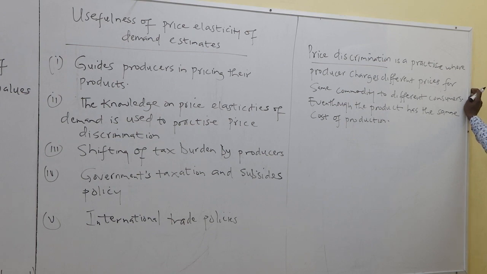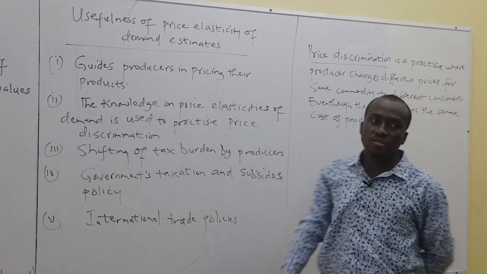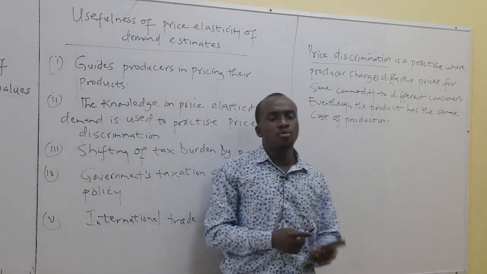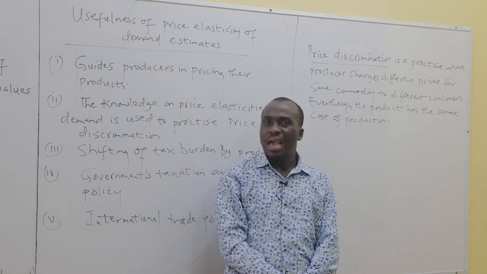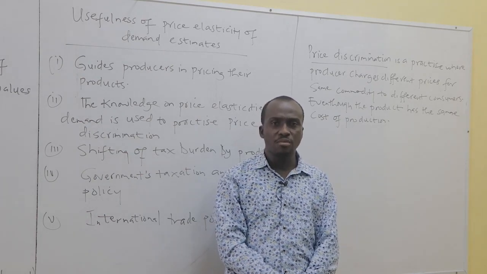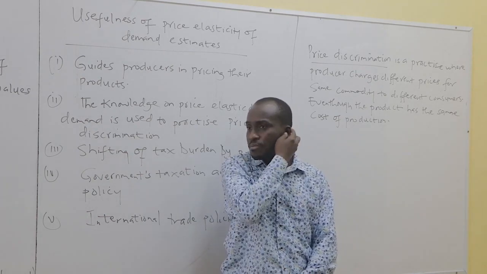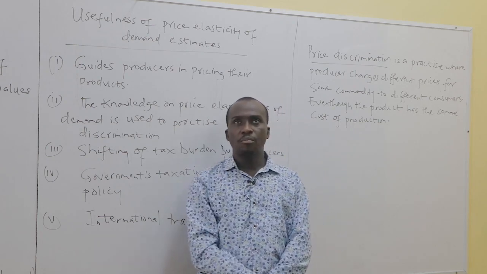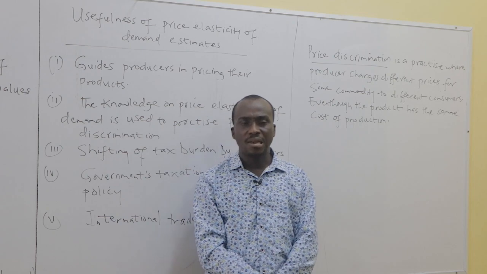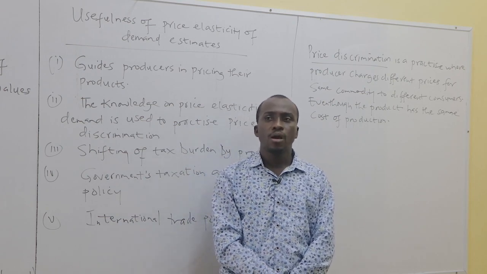What do you see? With price discrimination, the producer charges different prices for different consumers, even though the goods are produced at the same cost. For instance, maybe I'm producing cars, right?